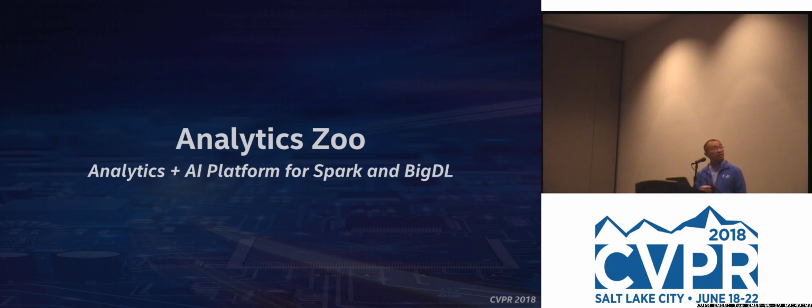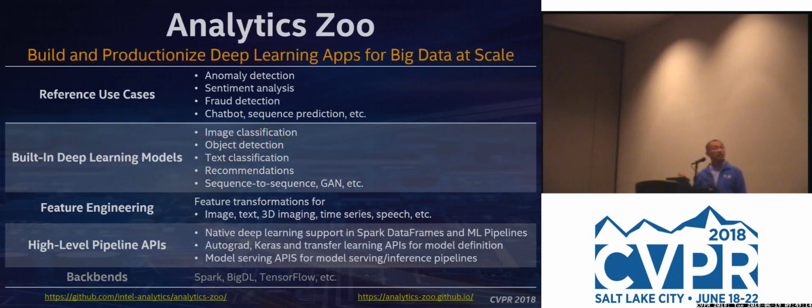We just released this new open source project called Analytics Zoo, which is supposed to be a high-level analytics and AI platform for Spark and BigDL. It tries to make it easier for users to build and productionize those deep learning applications for big data. So it uses different frameworks at the backend, Spark, BigDL, TensorFlow essentially. And on top of that, it provides high-level pipeline APIs for people to build out their end-to-end pipelines and productionize their models.